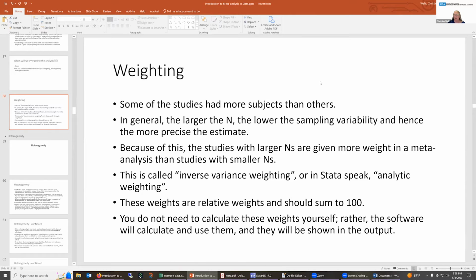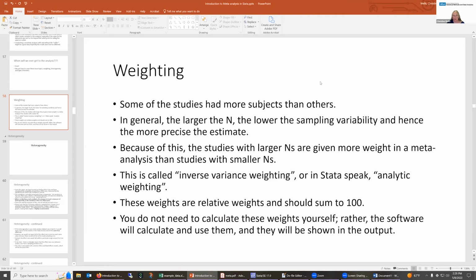So what's going to happen in the meta-analysis is that the more precise estimates, the ones with the smaller standard errors, tend to get upweighted, and the studies with the larger standard errors around their effect sizes tend to get downweighted. This is called inverse variance weighting.